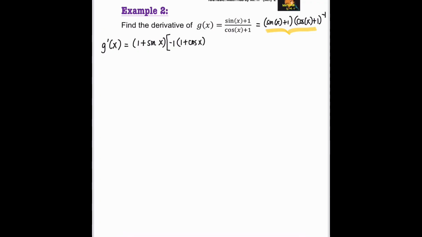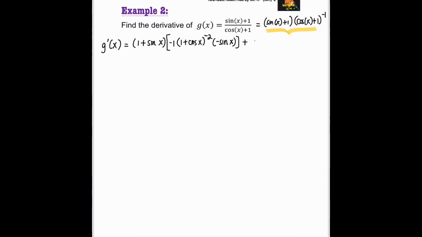So negative 1 minus 1 is negative 2. And we need to find the derivative of the base. So derivative of 1 is 0, plus the derivative of cosine x is negative sine x. So that means this is multiplied by negative sine x.